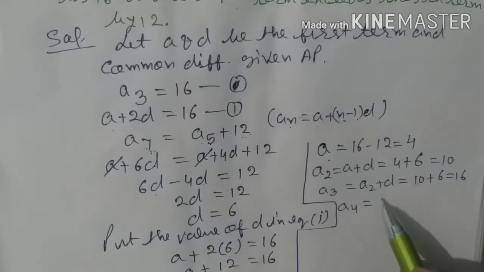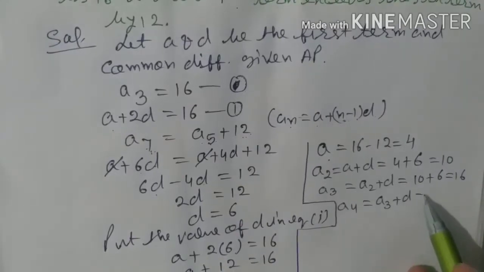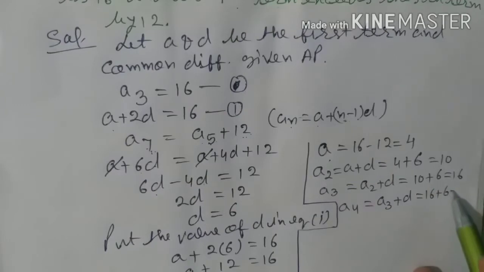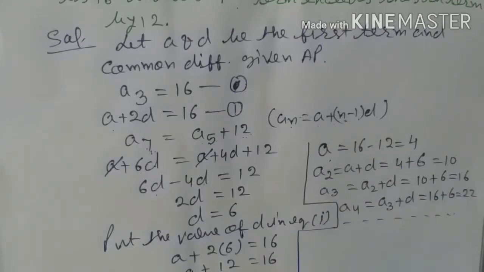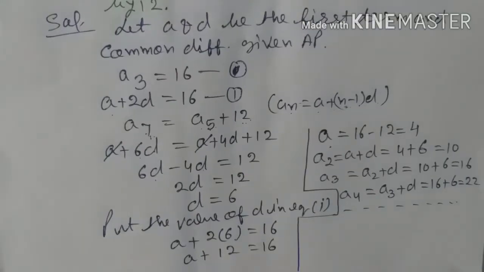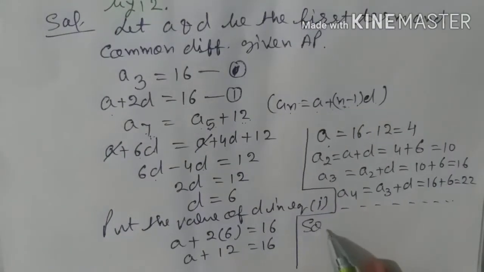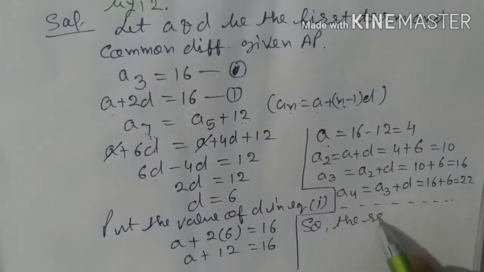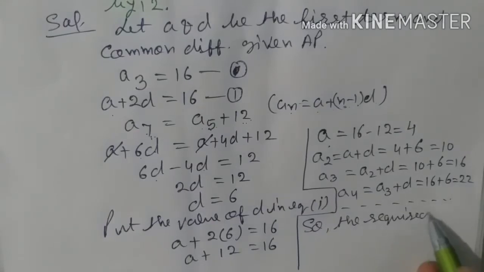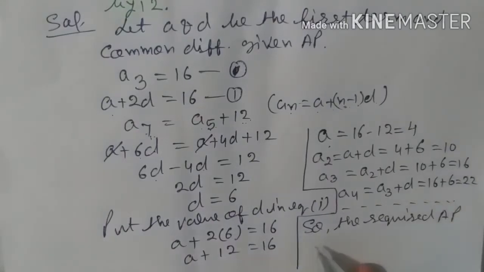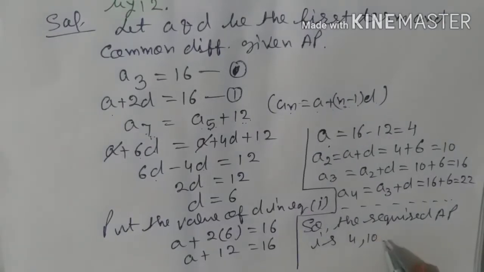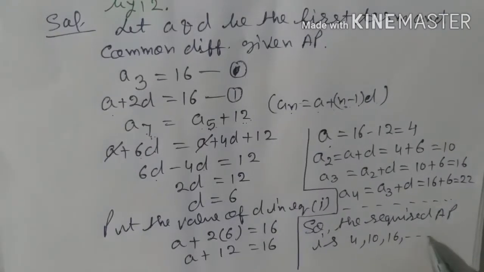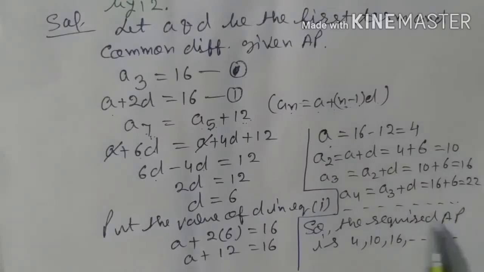A4 is A3 plus D, 16 plus 6 equal to 22. So the required AP is 4, 10, 16, and so on. This is your answer. Simple question.